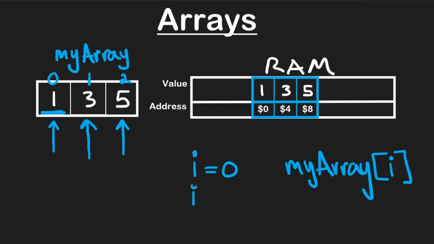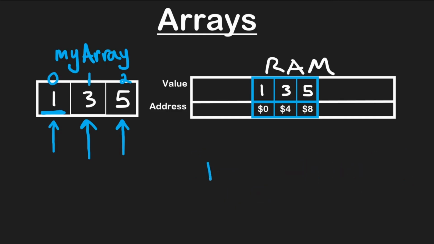And then, of course, we would increment i to be 1, and then to be 2, and we would keep doing that until it equaled the length of the array, and then we would stop. So essentially, we would loop through the entire input array. In most languages, you can do so with a for loop or a while loop. Now, while this might seem really simple, the ideas that we're talking about now are going to be the building blocks for very advanced algorithms we talk about later in the course.